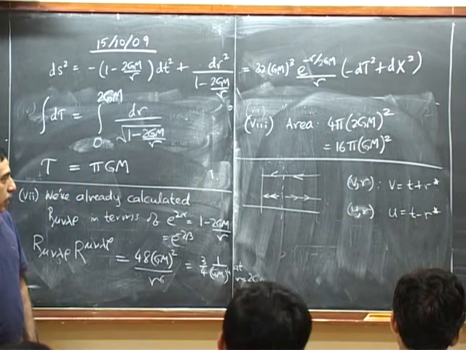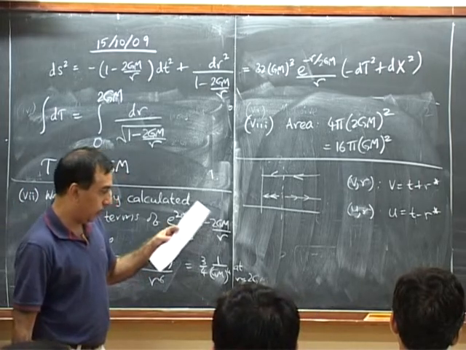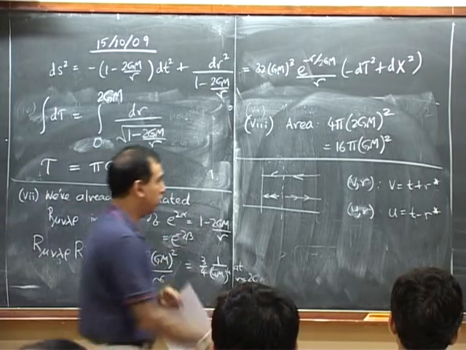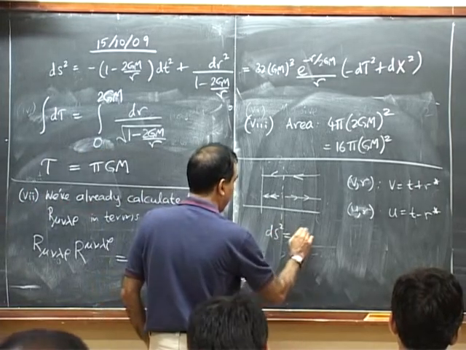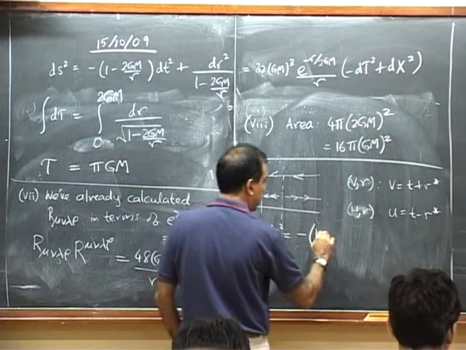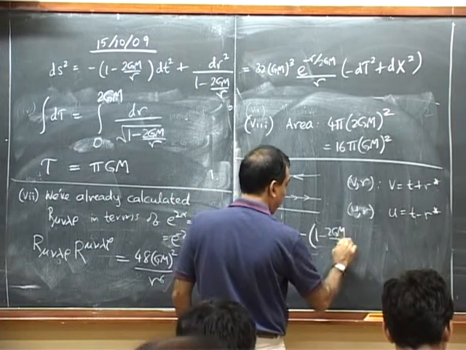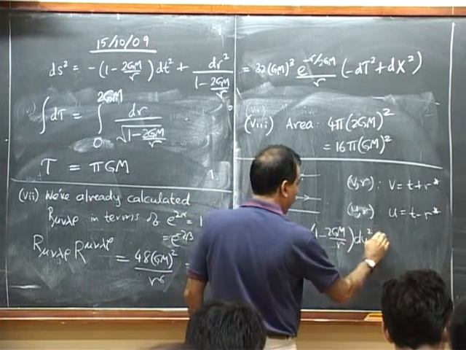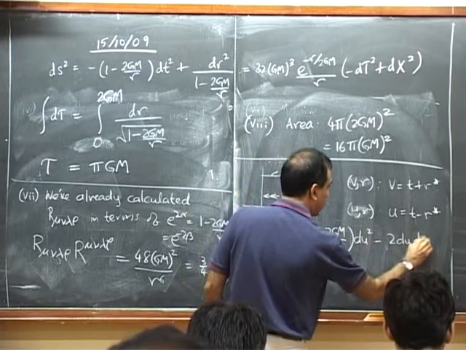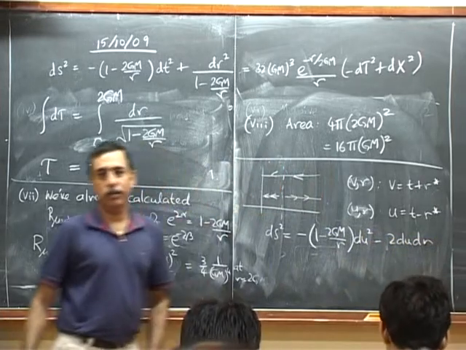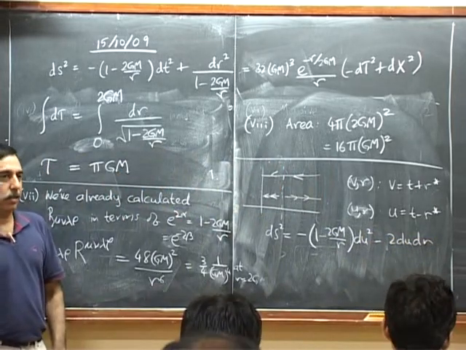And it's very interesting. The equations are exactly as before. The metric has a slight change. u is again the time-like coordinate. But now it's minus 2 du dr instead of plus 2 dv dr as it was before.